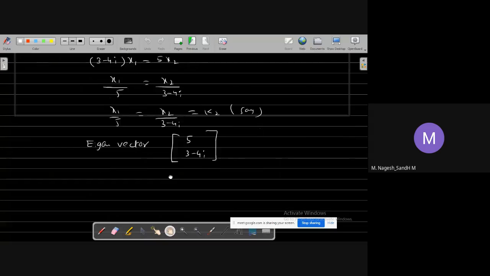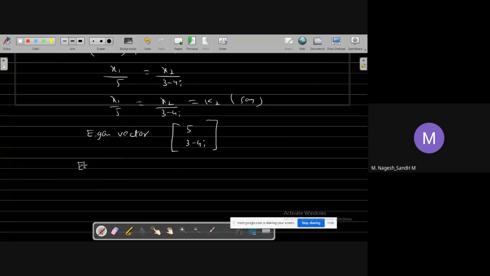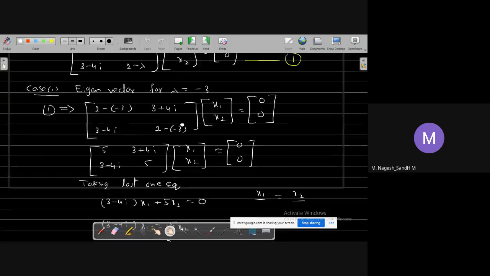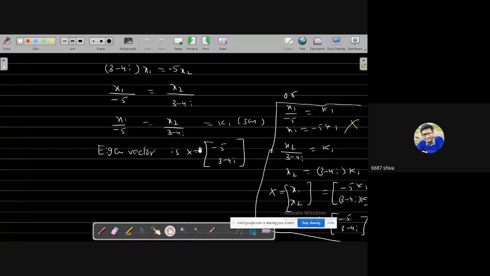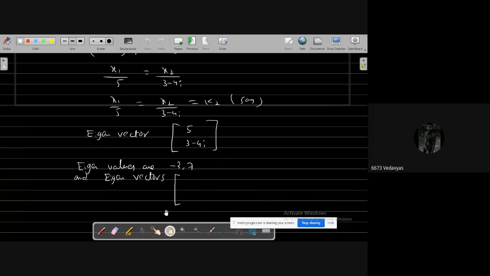Final conclusion: eigenvalues are minus 3 comma 7 and eigenvectors are minus 5, 3 minus 4i, and next, second, 5, 3 minus 4i.